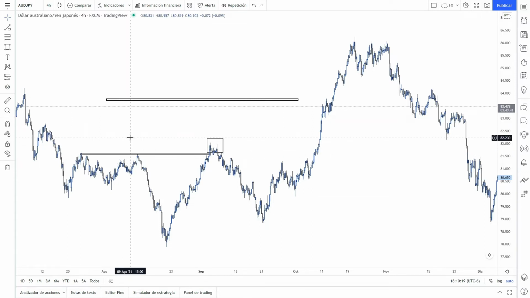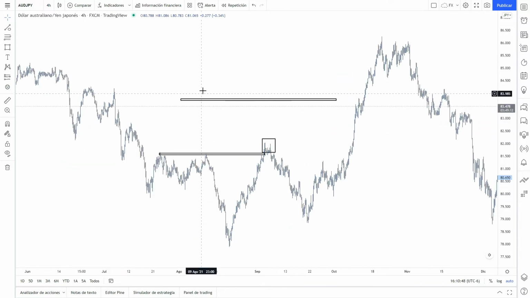So if you see my entries, if you see my analysis, you might find that I place support and resistance levels, but I only place them because I know below a support we have liquidity. Above a resistance we also have liquidity. That's how it works. And the market will move, as I said, from point A to point B, seeking liquidity.